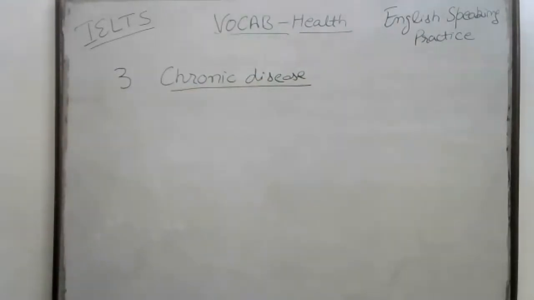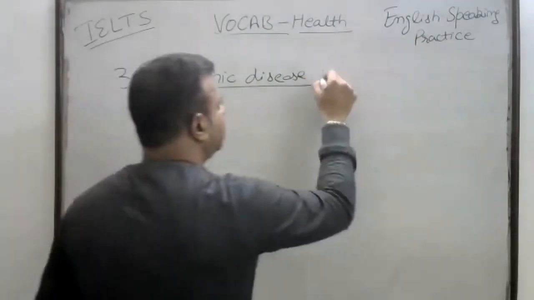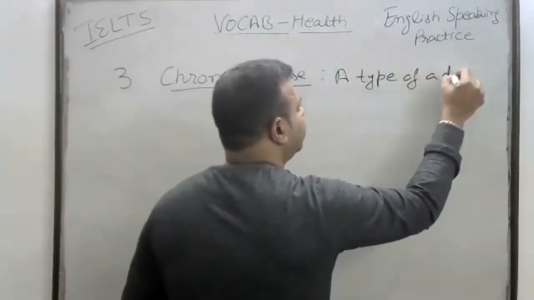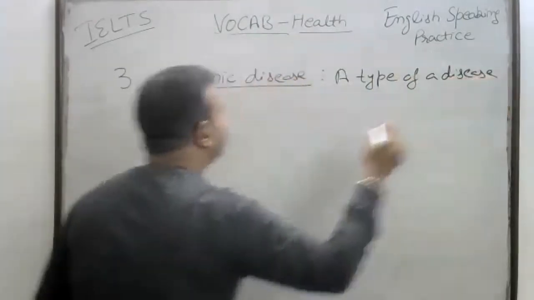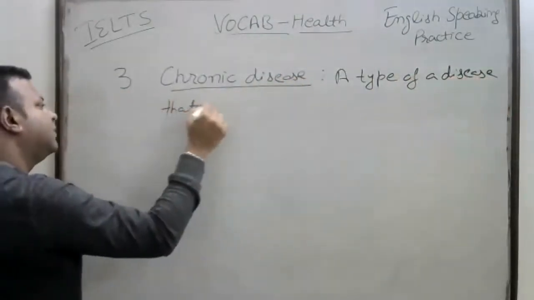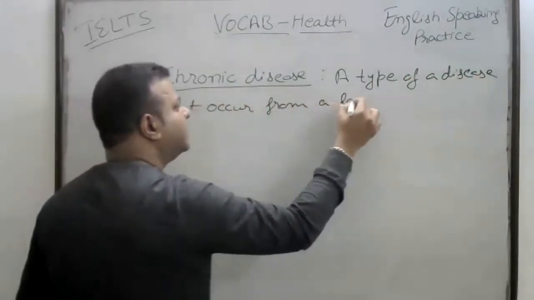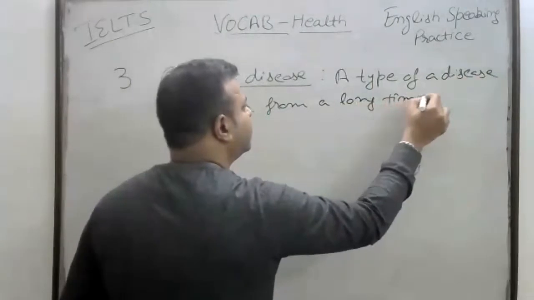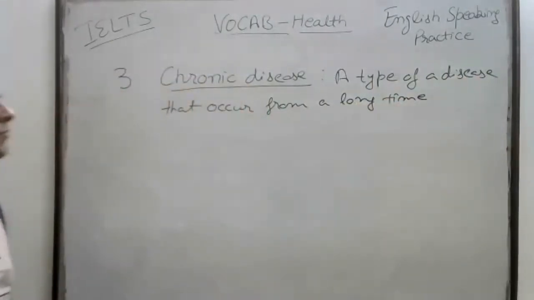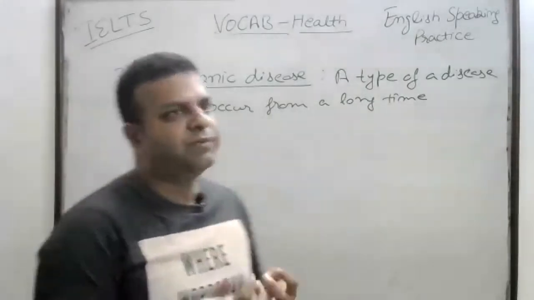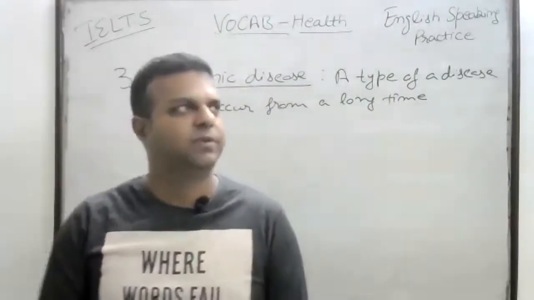Chronic disease is a type of disease that occurs for a long time, right? Some kind of disease which you have had for a long time.